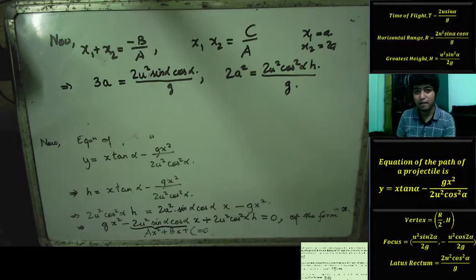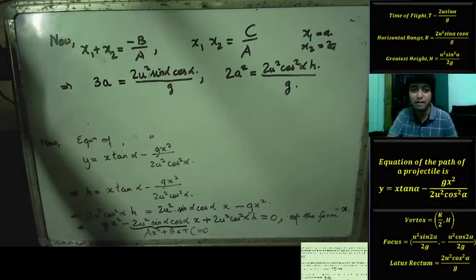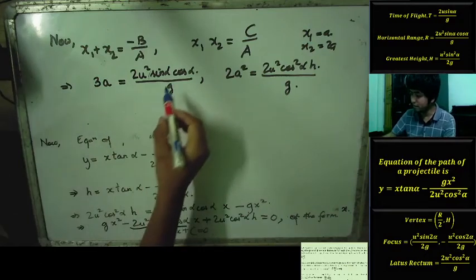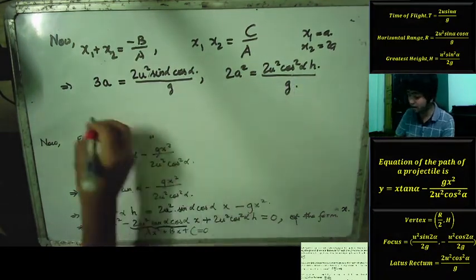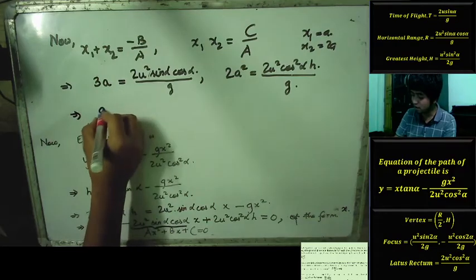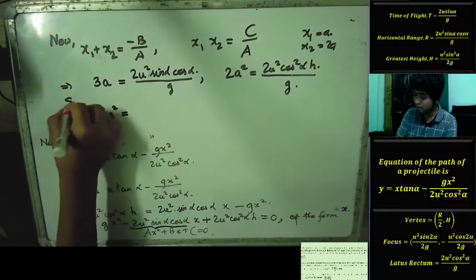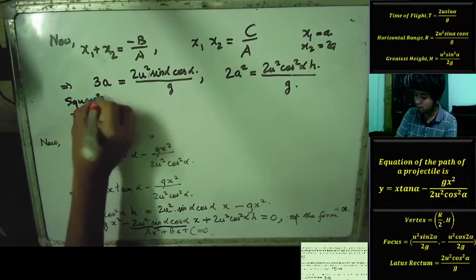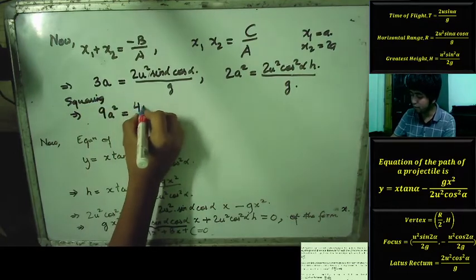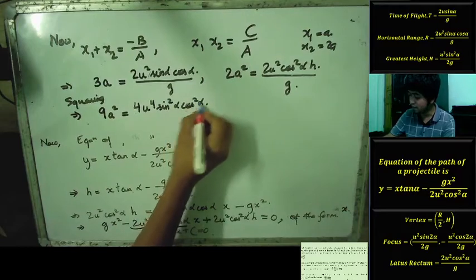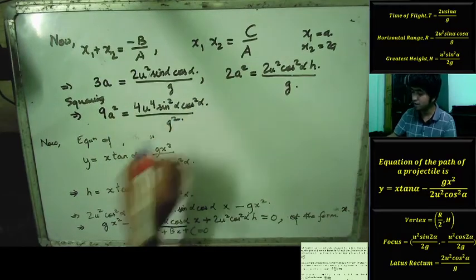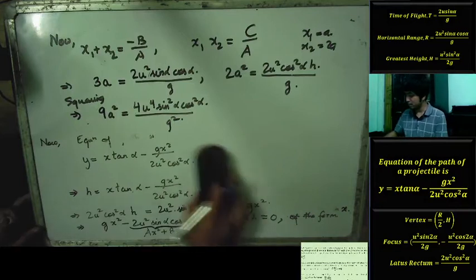Now it's very simple. We just need to find the velocity u. We can square the first relation, because you have sin alpha cos alpha there. Squaring, you will have 4u to the power 4 sin squared alpha cos squared alpha upon g squared.